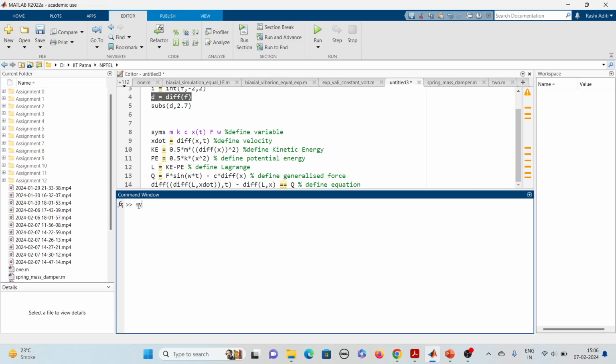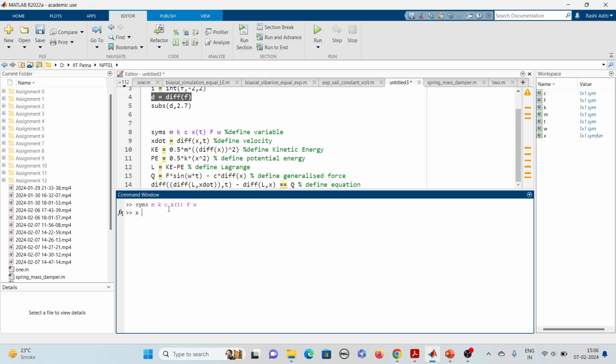So I go for this command: syms m k c x(t) F omega, enter. See here in the workspace, I've got these variables as symbolic functions. Now I want the velocity, which is x dot. X dot is dx by dt, the differentiation of x with respect to time.